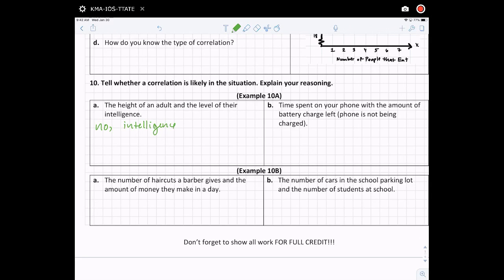If they were a kid and they were shorter, maybe they wouldn't be as smart as an adult, but I specified for an adult specifically. No intelligence. I should put height doesn't impact your intelligence.